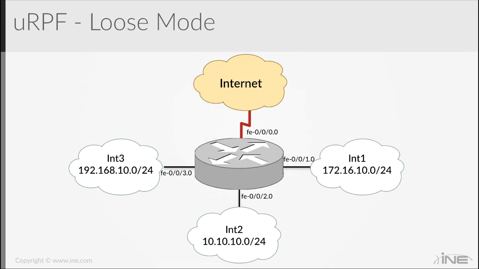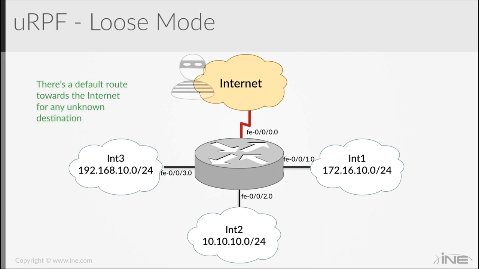Now, it's different if we're using loose mode, and you do not ever want to use URPF loose mode if you have a default route, pretty much. You never want to use URPF loose mode if you have a default route, because what you're doing is pretty much enabling URPF to do nothing. You're spending packet forwarding engine memory in order to do nothing, because whenever something matches the default route, it is allowed.